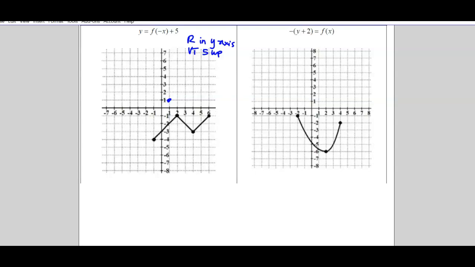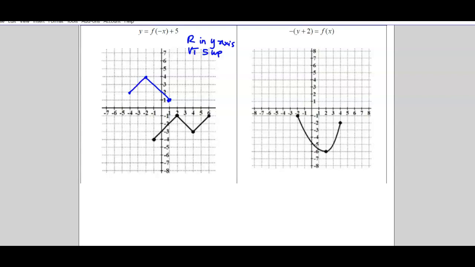Positive 2 becomes negative 2, and then 5 up. I join as I go, so I know what points are what. Once you do a few transformations in one, it's difficult to know which points to join up. So go in order. Next one, reflection in the y-axis, so 4 becomes negative 4, and then 5 up.